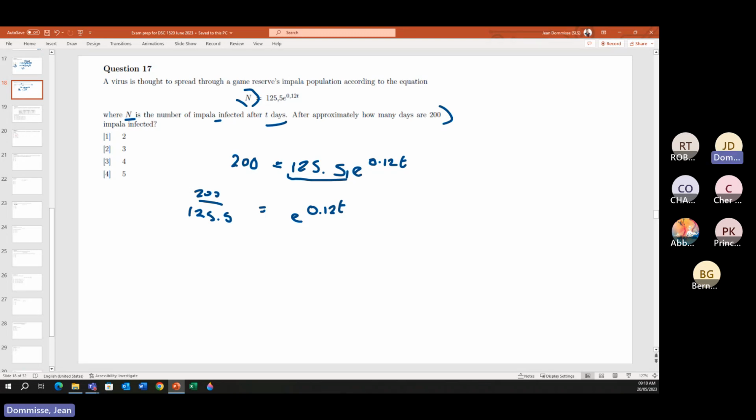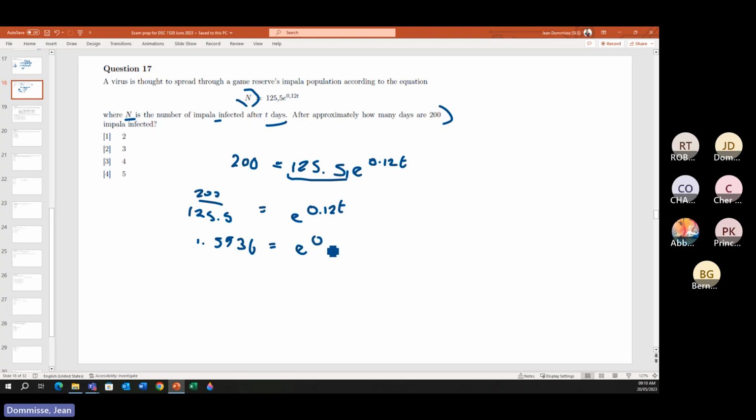So then we need to check what 200 divided by 125.5 is. Okay, so that is 1.5936. Okay, so let's just do that.